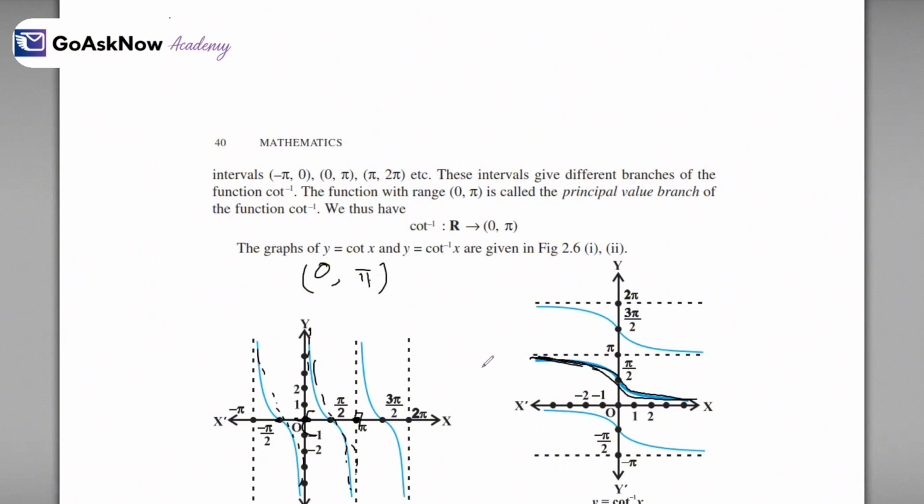That is the real numbers, because it is covering all the real numbers on the number line. And what is the range of this function? 0 to pi is the range, in the open interval, because these points are not included in the range. These are not defined points in the range of this function.